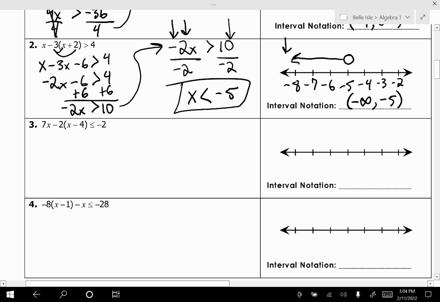Just check your math. It's okay. Okay, I'll start putting number 3 up there.